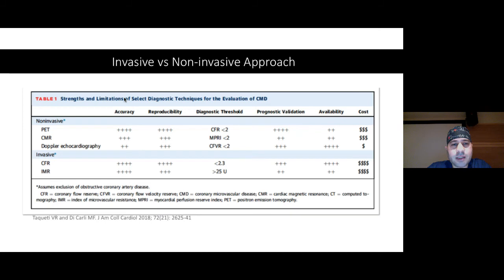This can be assessed by invasive and non-invasive approaches, PET being the most well-studied, with a diagnostic threshold of a CFR less than 2. Whereas invasively, in the cath lab, we can measure CFR and IMR.